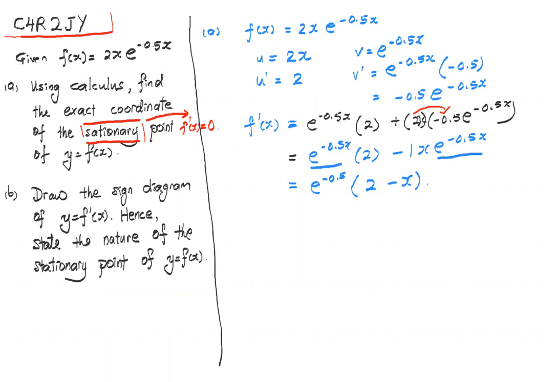Okay, so stationary point, I start from here. So I put my f prime x equal to 0. So I get, this is no solution.